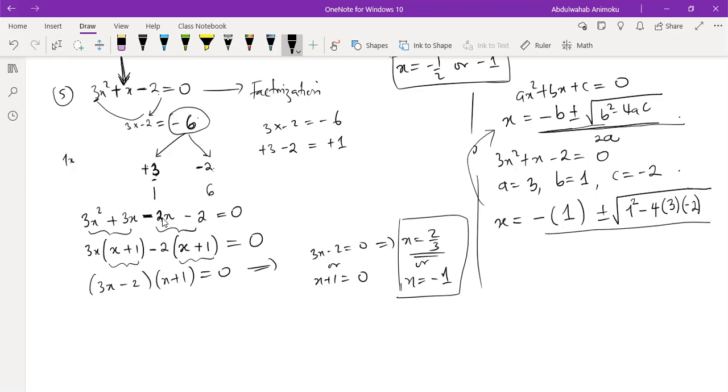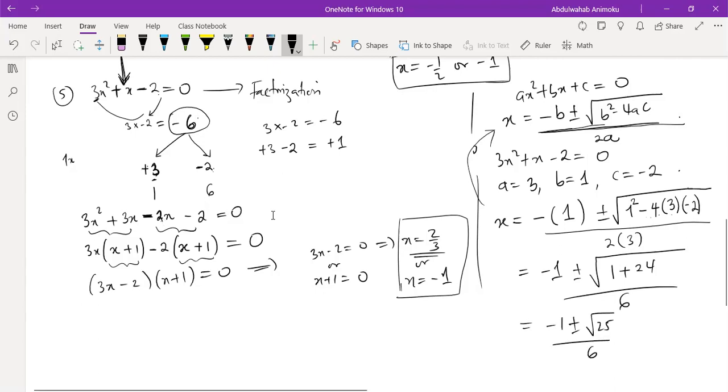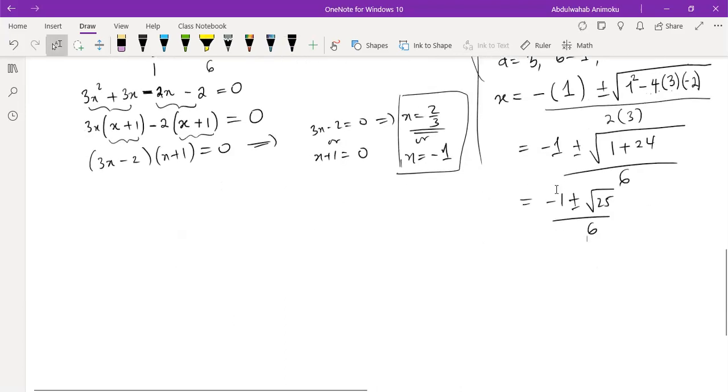Then all over 2a, which is 2 times 3. So now we have minus 1 plus or minus square root of 1, then minus 4 times 3 times minus 2. That will give us plus, because minus times minus is plus. Now 4 times 3 is 12, 12 times 2 is 24, all over 6. So that will give square root of 25 all over 6. Now I think it's making perfect sense.